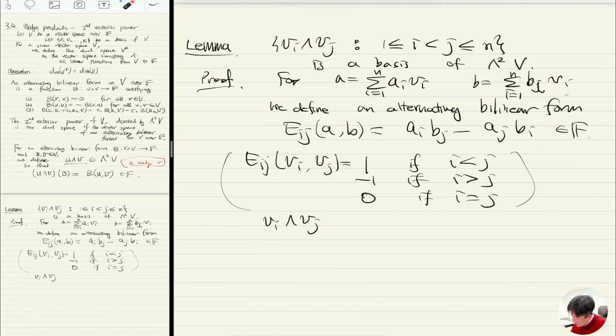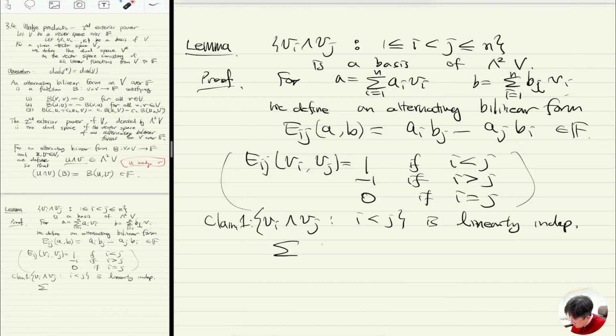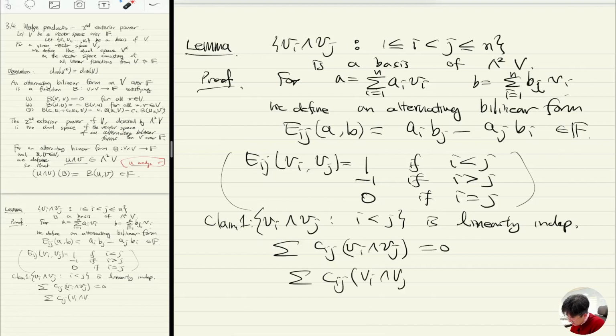All right, so now let's look at this. I first claim that these things are linearly independent. Why? Because if they are not linearly independent, then I have something like this: there's some linear combination which adds up to 0, with coefficients C_ij.